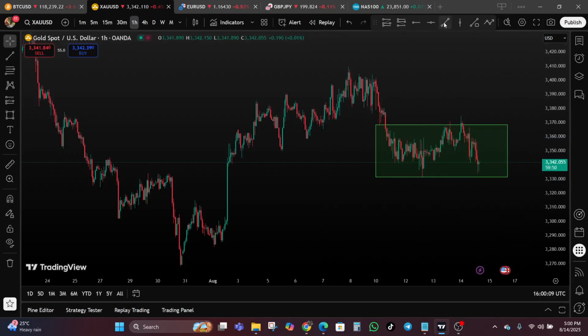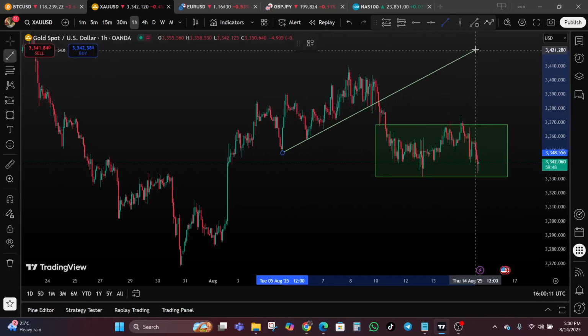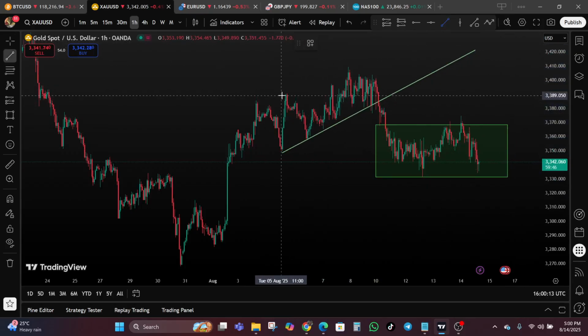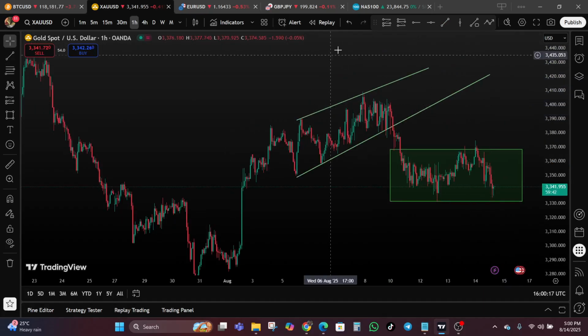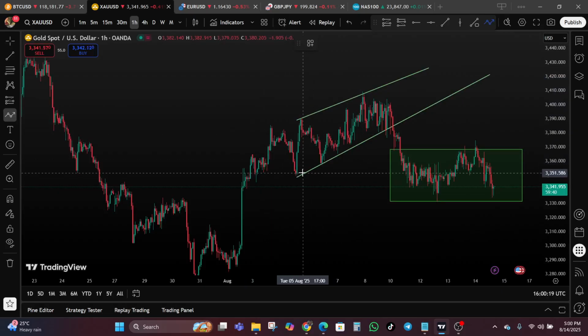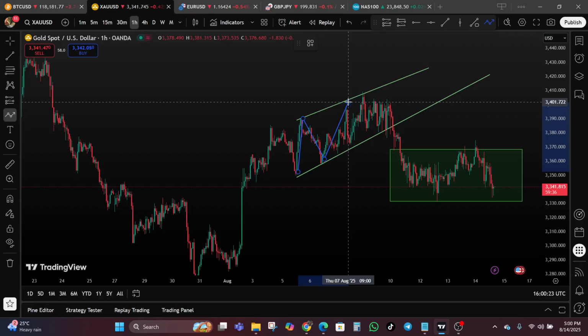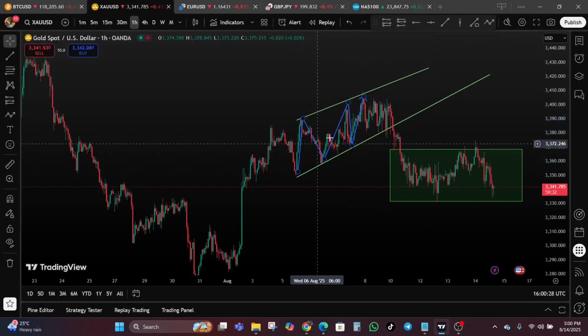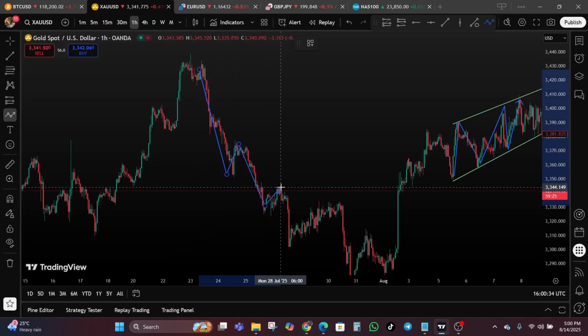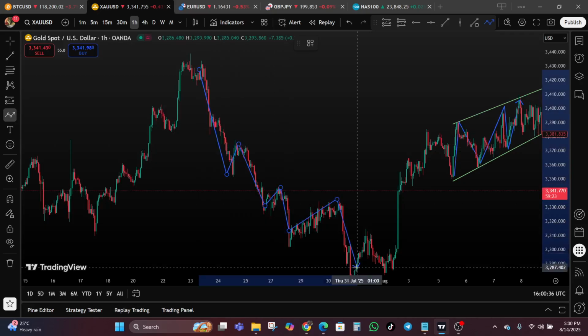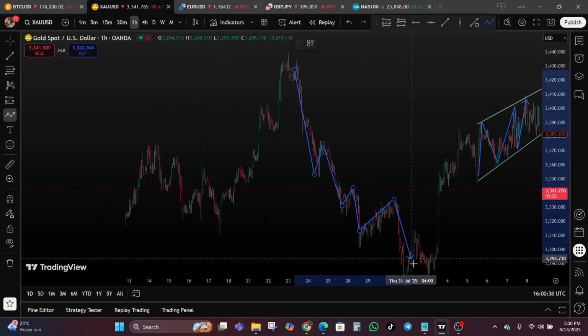But now let us use this trending portion as an example. When an asset is in an uptrend, you're going to be having higher highs and higher lows. You have lower highs and lower lows for a downtrend, and higher highs and higher lows for an uptrend.